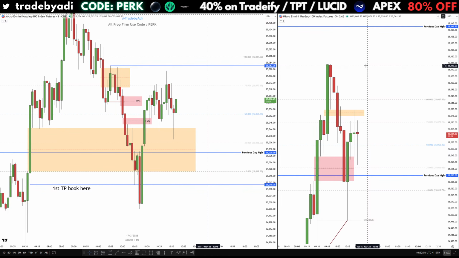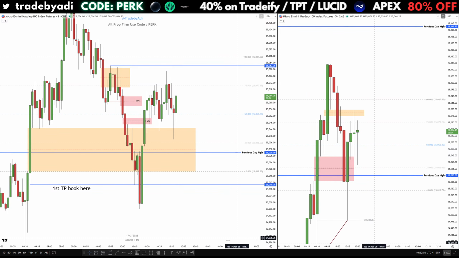I can try with TradingView. Okay, TradingView is a good platform, bro. You should trade with that only.